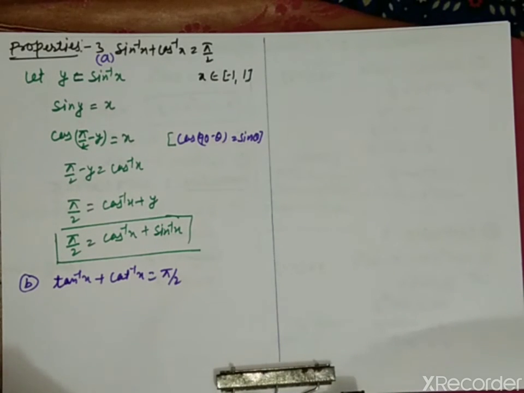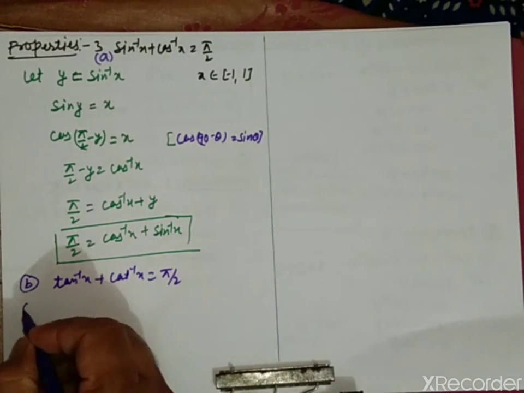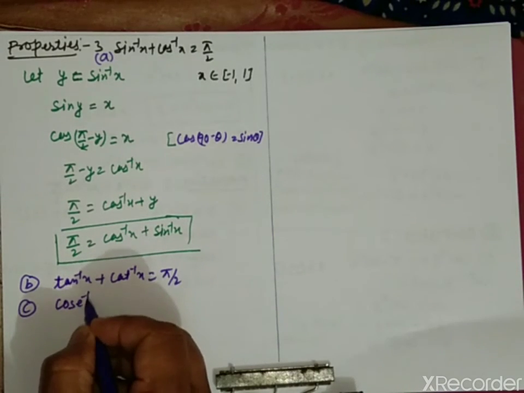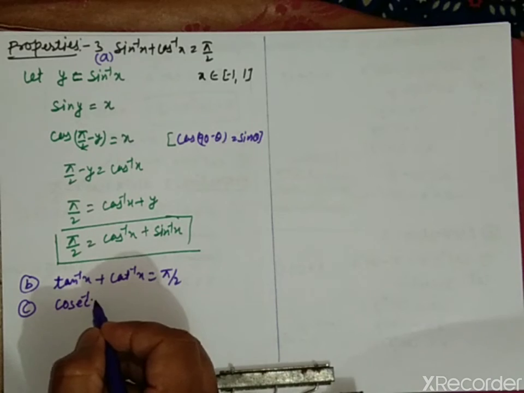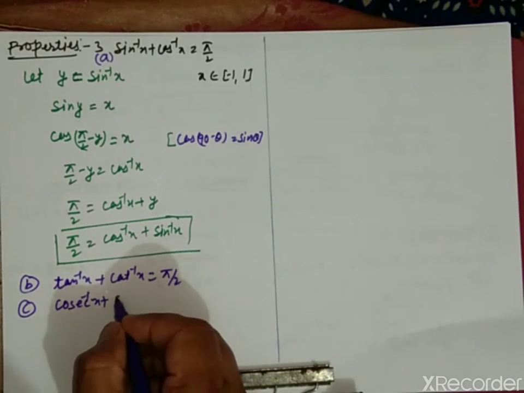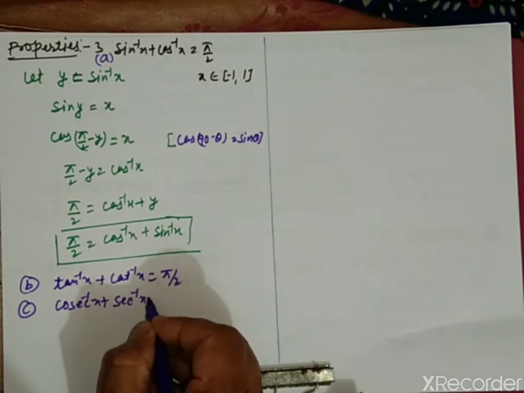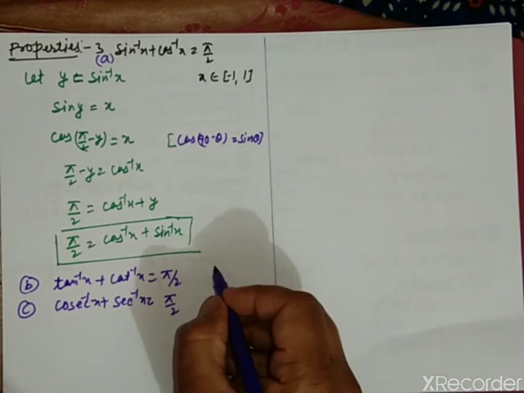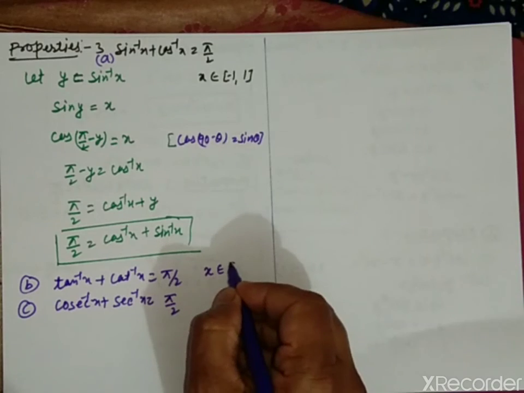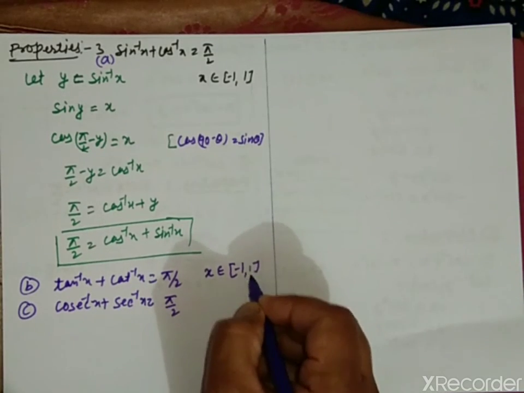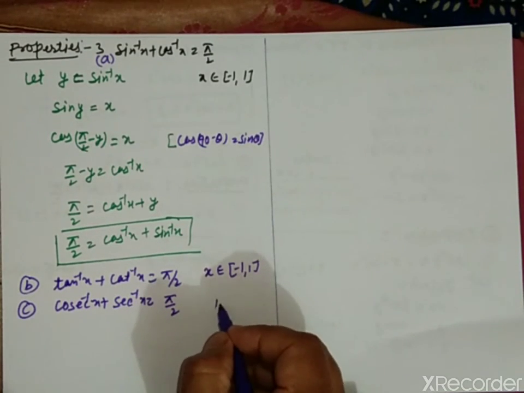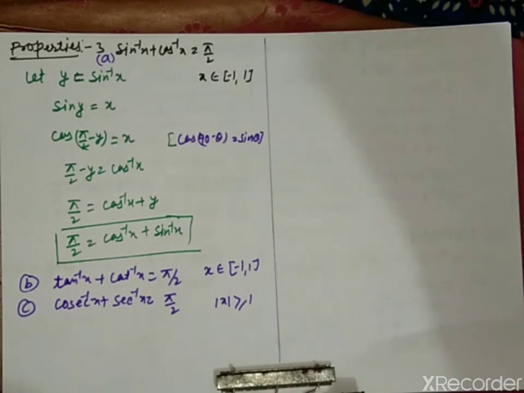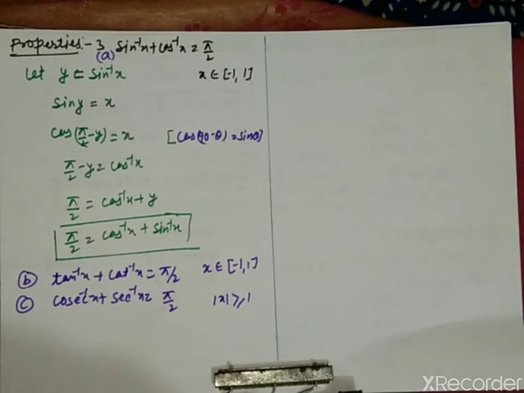Similarly, 3c: cosec inverse x plus sec inverse x is equal to pi by 2. In that we have, it is between -1 to 1, and the modulus of x greater than or equal to 1. Clear? So that is our property number 3. We will discuss now the next property.